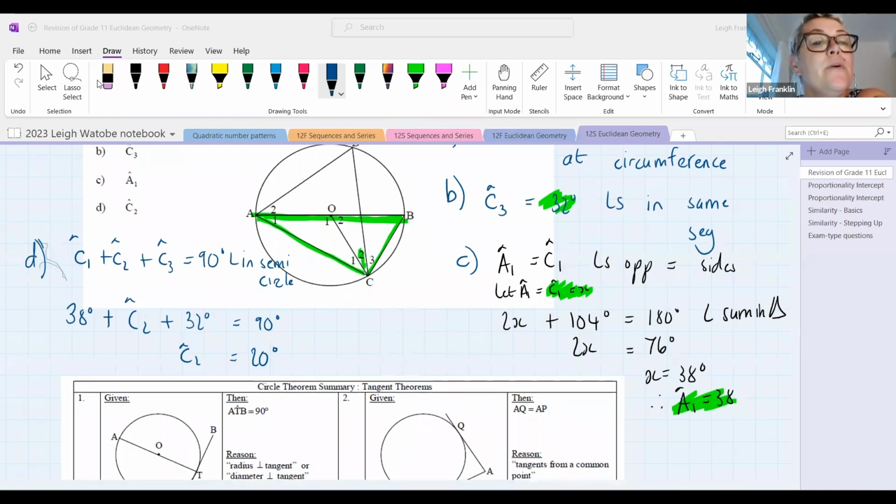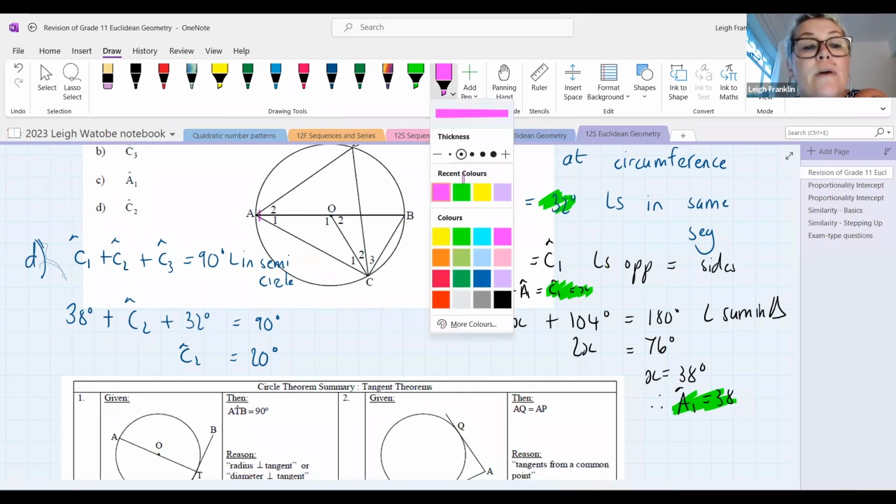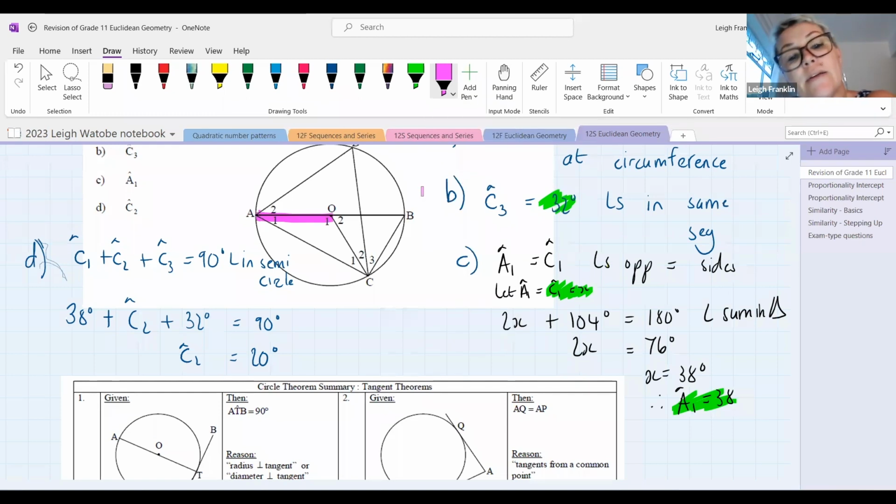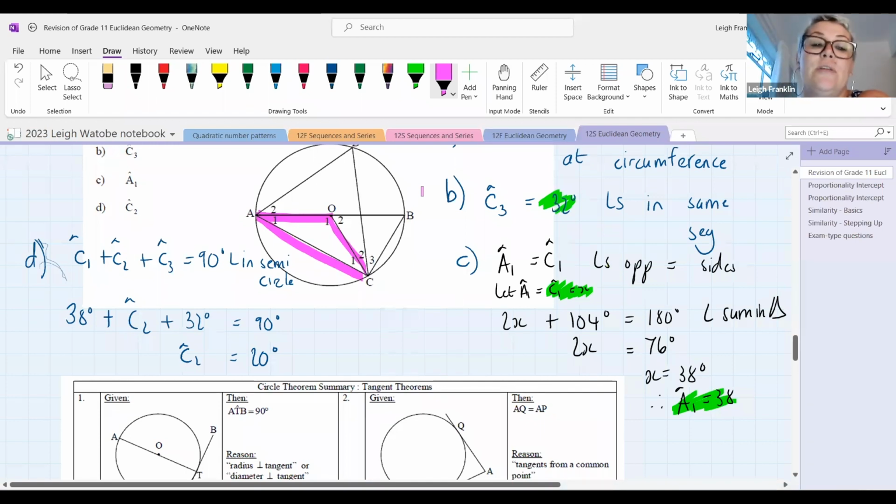All right, so just very quickly, I see Ethan had a question. I'm going to go over that again quickly. This line over here is a radius, and this line over here is a radius. That means that this triangle is an isosceles triangle because that side and that side are equal.